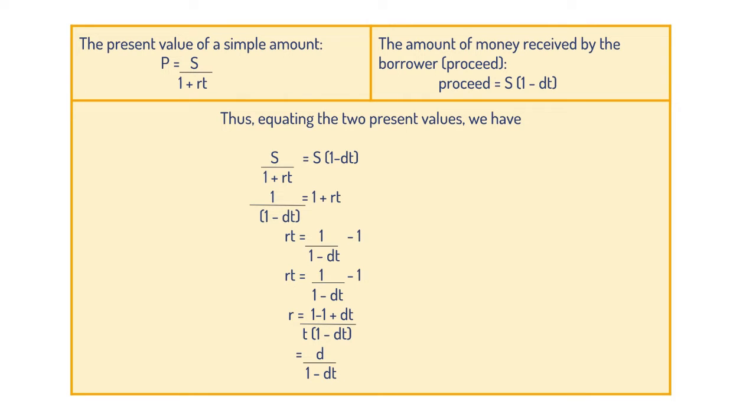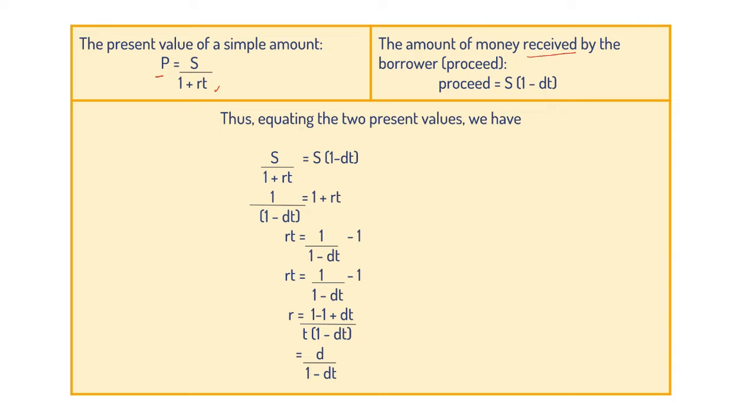Here we have the present value of simple amount such that capital letter P equals capital letter S divided by 1 plus R times T. Meanwhile, on the other side, we have the amount of money received by the borrower, which is proceed.